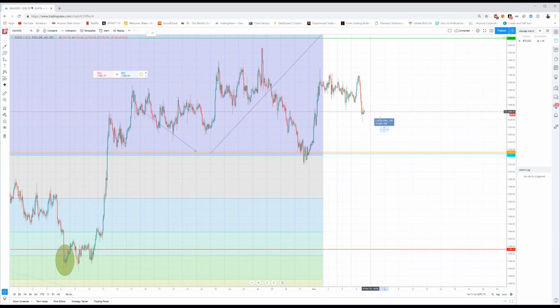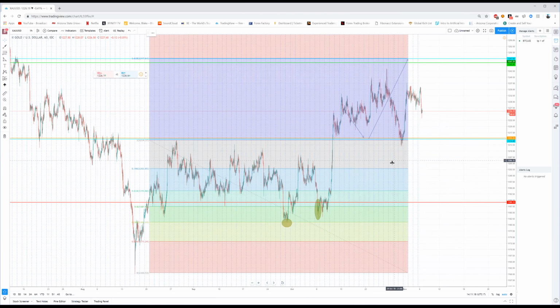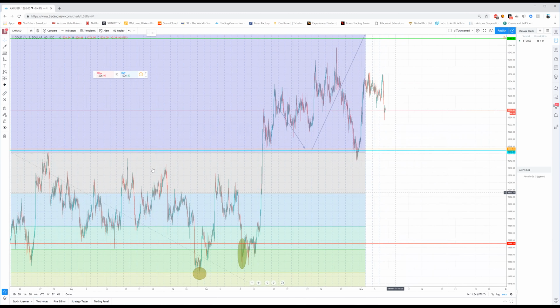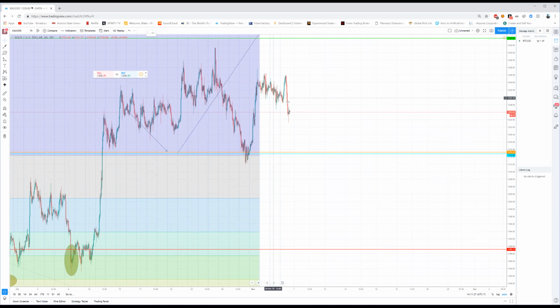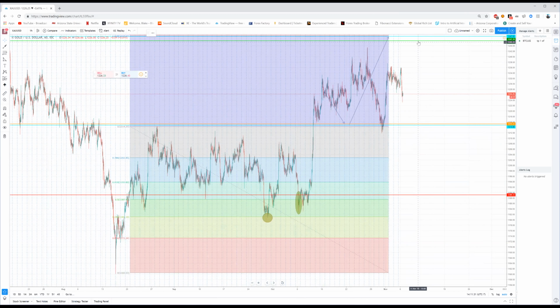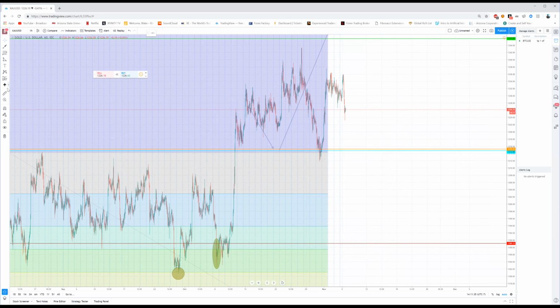So let's take a look at what would happen if you did. This is a good time to talk about risk management and how much money you'd be making. Let's see how much you'd make if it just hits TP1, the green line up here, as well as where price is currently. Let's get out our text box.